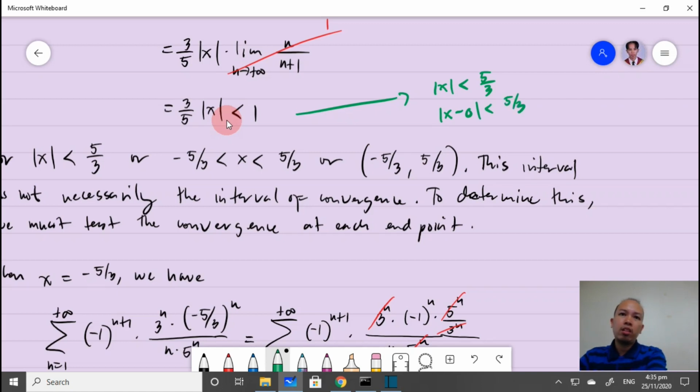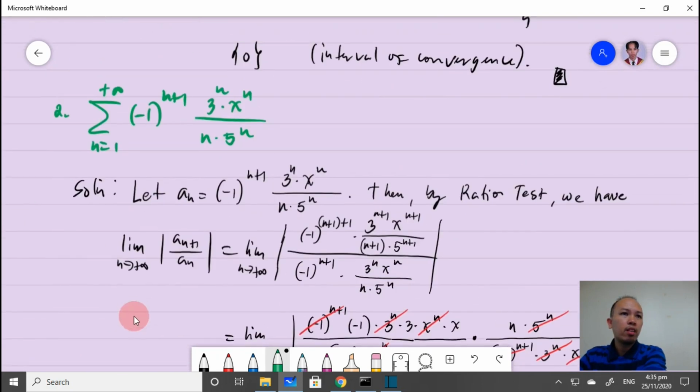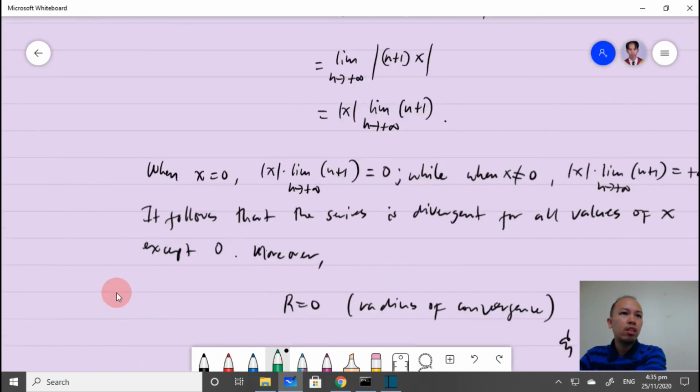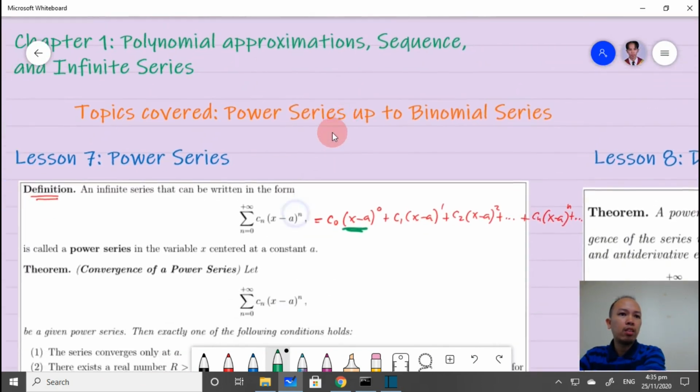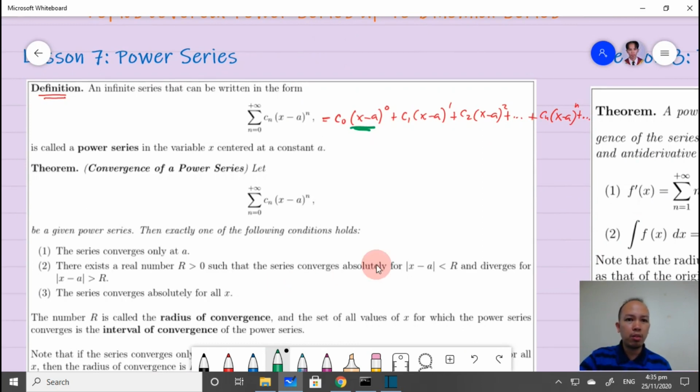And if you recall our definition in case 2 of the theorem, look at case 2 here. Let's try to move upward. Okay, this one here. So we should write it in this form: absolute value of x minus a less than r. So our r in this example is 5/3.